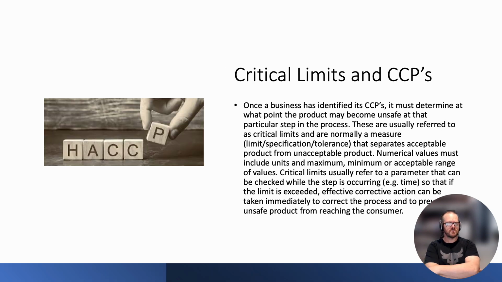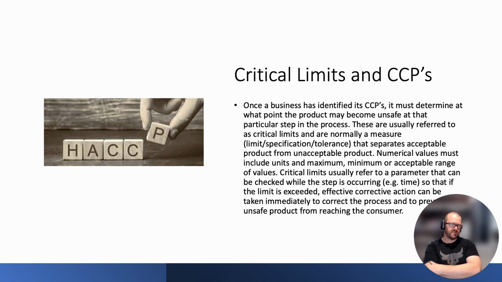Critical limits and critical control points. Once a business has identified its CCPs, critical control points, it must determine at what point the product may become unsafe at that particular step in the process. These are usually referred to as critical limits, and are normally a measure that separates acceptable product from unacceptable product. Numerical values must include units and maximum, minimum, or acceptable range of values.